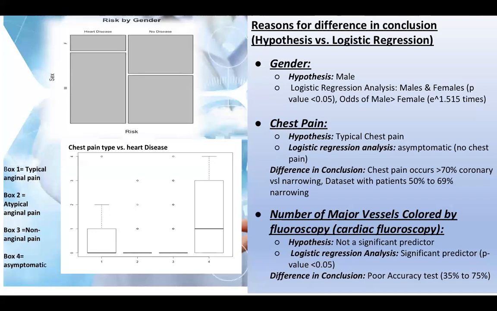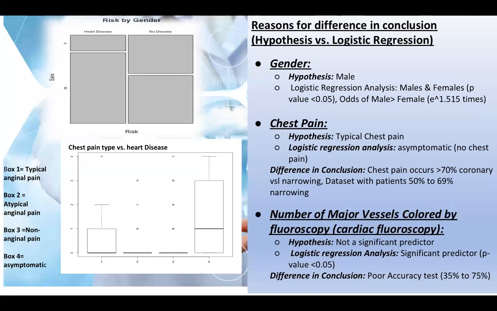Note that the cutoff value to predict heart disease in the Cleveland dataset is 50% narrowing, indicating the patient population used in the Cleveland heart disease dataset had coronary vessel narrowing between 50 to 69%, making them fall into the category of asymptomatic patients. In the real world, there are different non-invasive techniques applied to assess heart disease in the patient population, including the exercise stress test, cardiac fluoroscopy, etc.